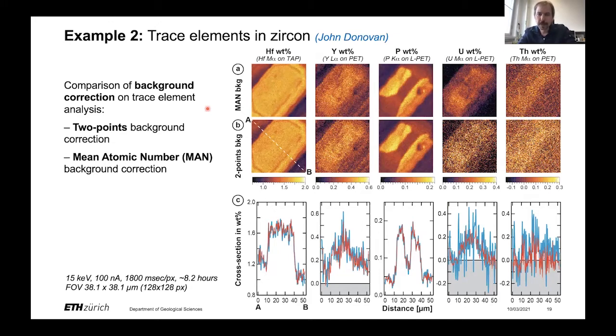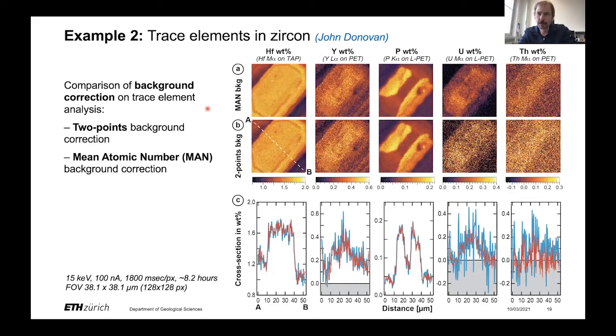Now, one interesting thing regarding the statistics, look at the uranium map. You see that the 2-point background correction will generate pretty noisy data, whereas the mean atomic number background will give a clearer image. This is because with the mean atomic number, we constrain the backgrounds using this calibrated curve, which is very precise. We have very little error on that background curve.